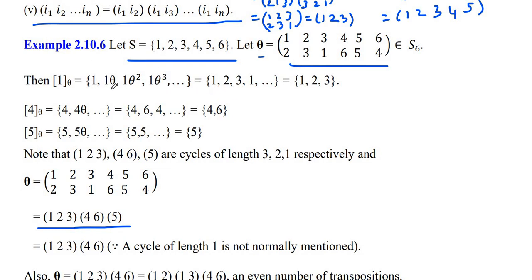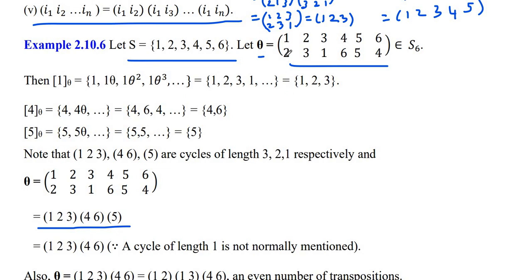Now if we compute this, 1 we have as such. The meaning of 1 theta is the image of 1 under theta, that is 2. So you have written 2. Next is 1 theta square. Are we to compute theta square and then write this? There is no need.